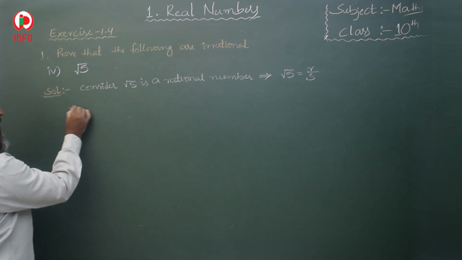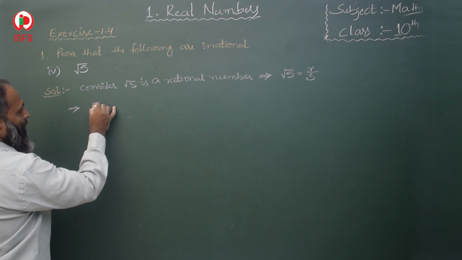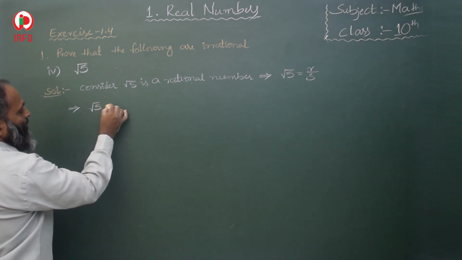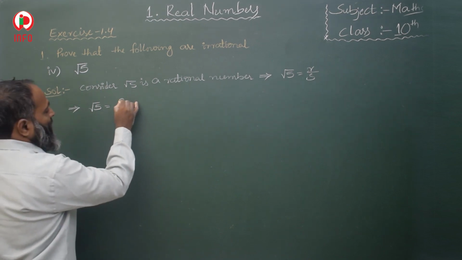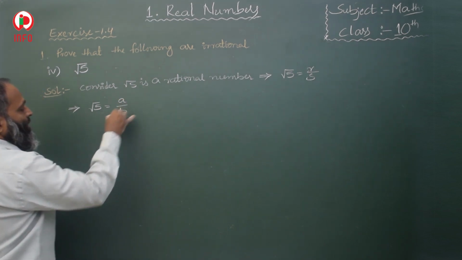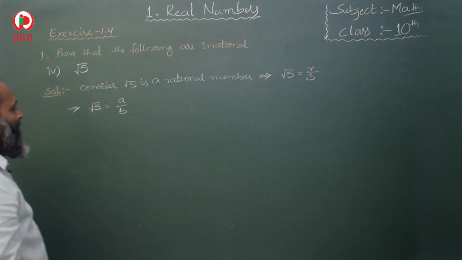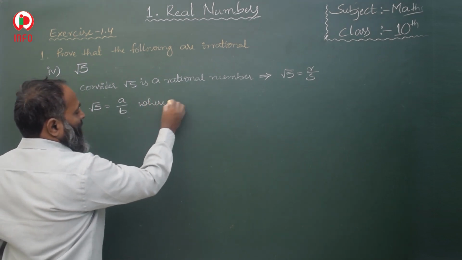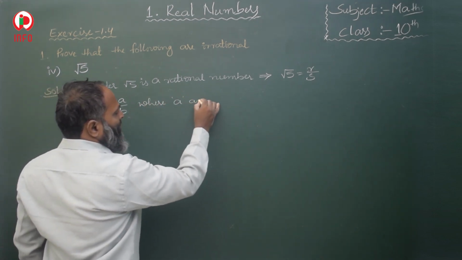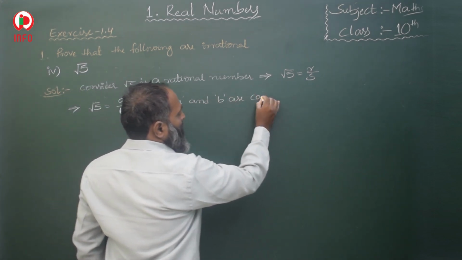After cancelling r by s with the highest common factor, you will get a by b, where a and b are coprime numbers.